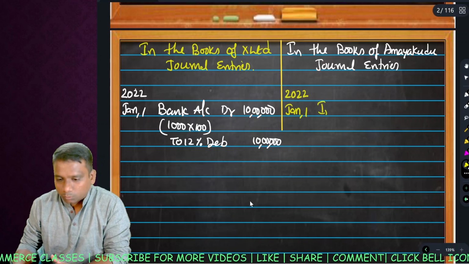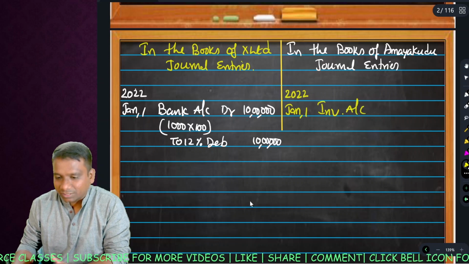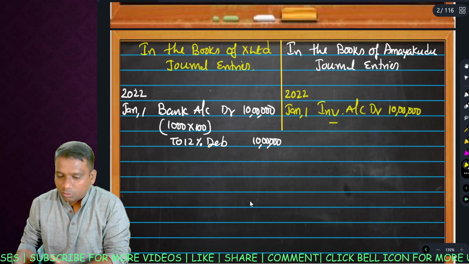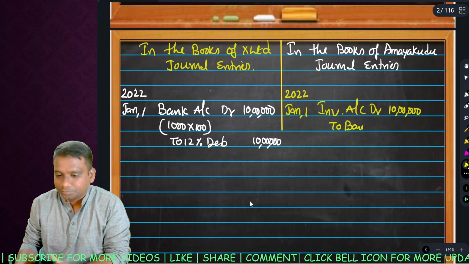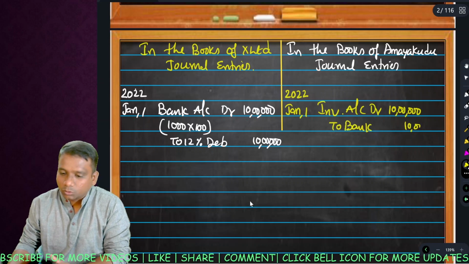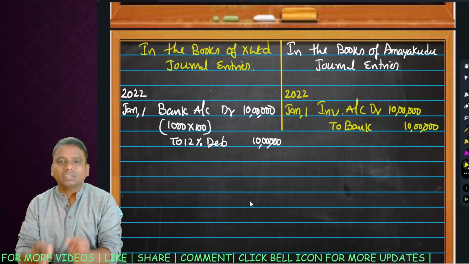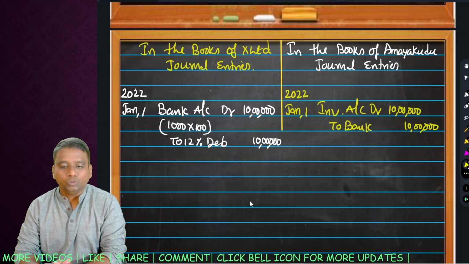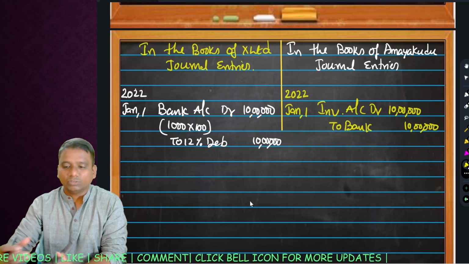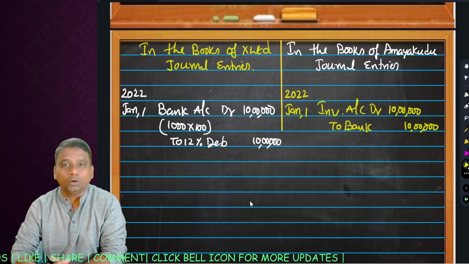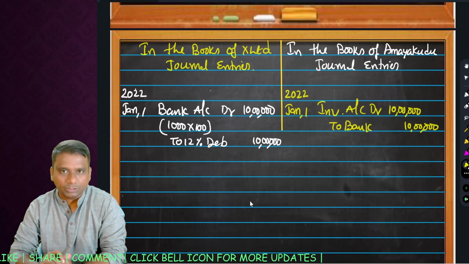So he debits investment account 10 lakhs, and he pays 10 lakhs. So these are the journal entries in the books of X Limited as well as in the books of Amayikudu for the transaction of issue and purchase of debentures.